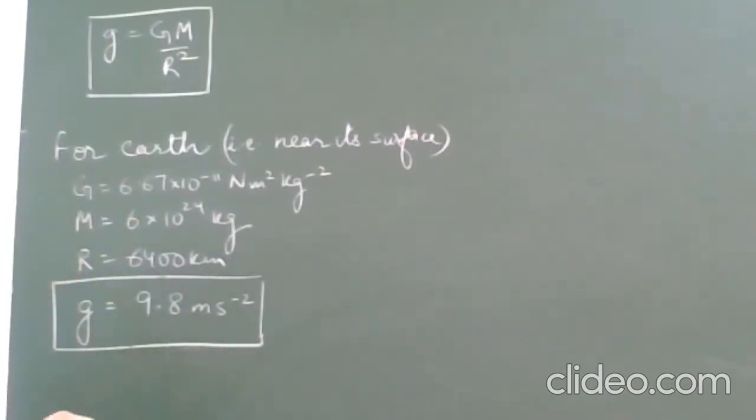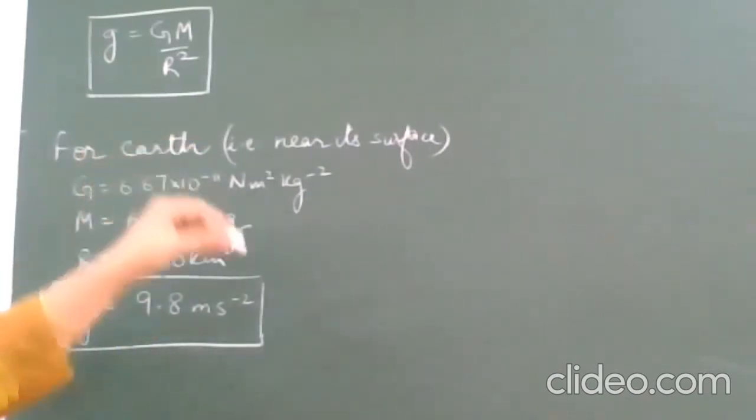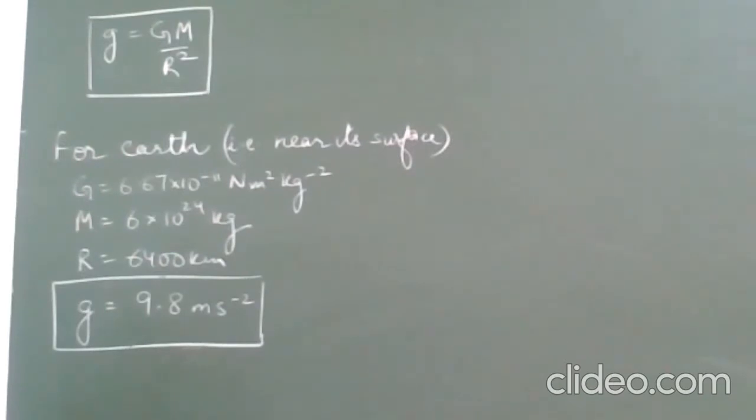After the third second, it will be 19.6 plus 9.8, somewhere around 29.4. Is this clear? So plus 9.8 meter per second is added to the speed, or velocity to be specific, where an object is freely falling. That is the meaning of acceleration due to gravity.